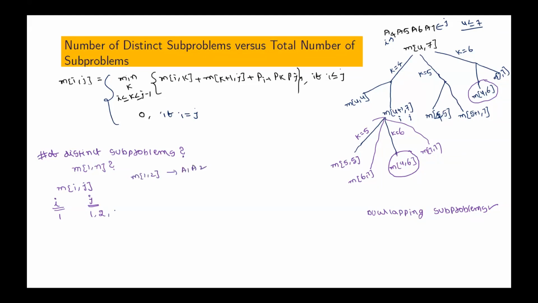Next, when i equal to 1, j equal to 3, is it valid? Is it a valid subproblem? Yes. j equal to 4, is it a valid subproblem?